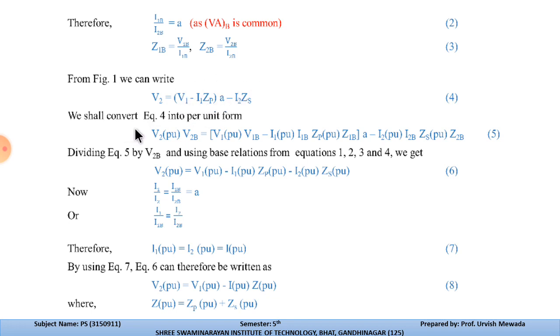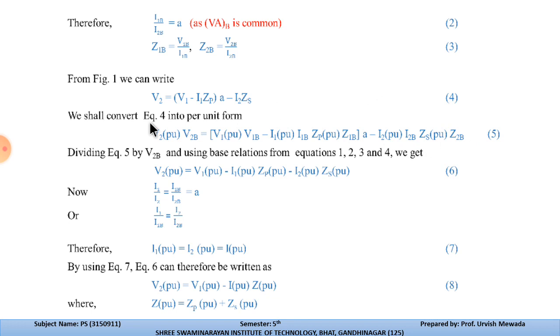So we shall convert equation number 4 into the per unit system. The V2 per unit will be V2 by V2 base, which is equal to V1 per unit into V1B minus I1 per unit into I1B, so Z per unit into Z1B into A, minus I2 per unit into I2 base, and ZS per unit into Z2 base.